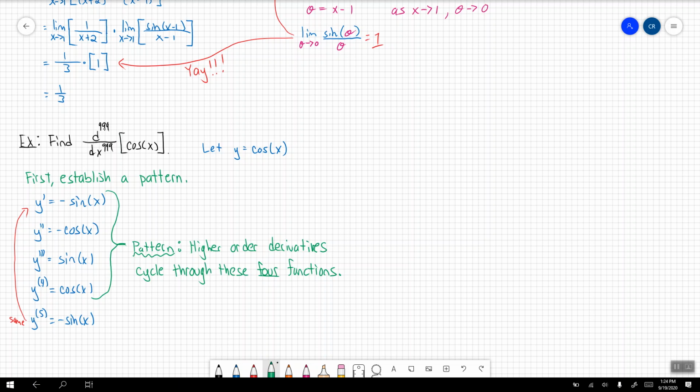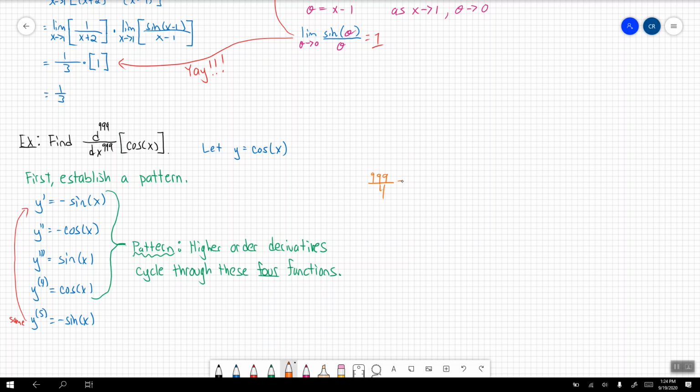Is the 999th derivative going to fall under remainder 1, remainder 2, remainder 3, or remainder 4, which goes evenly and means no remainder at all? In order to identify this, we need to break down that power of 999. So I'm going to do 999 divided by 4.